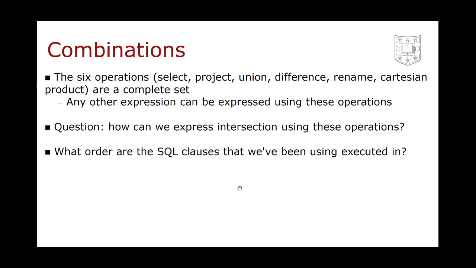So select, project, union, difference, rename, and Cartesian product is considered to be a complete set of relational operations, meaning that any other relational operation that I wish to express can be done using those 6 operations in some combination. We've already seen examples of that, like talking about how a join is really just a Cartesian product and a select combined together, right?